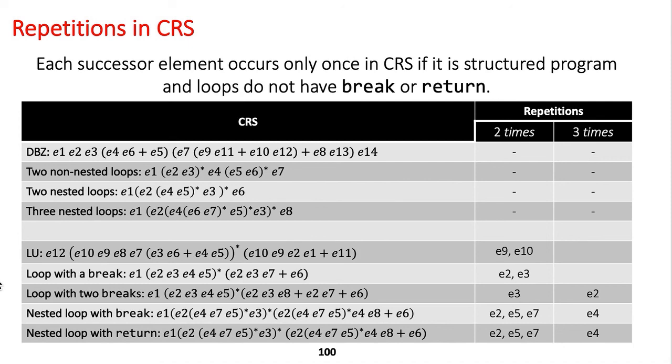The requirement was relaxed later, and now we can have multiple exits in a control structure because of break or return or due to exception handling. Now the question comes up: do the repetitions that we get in CRS have something to do with the structuredness of a program? We did some experiments and we will come back to this question in a later segment.